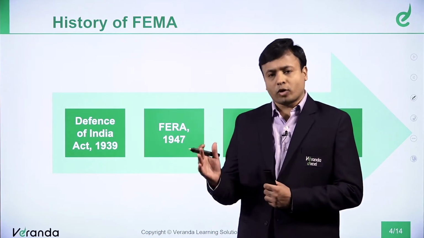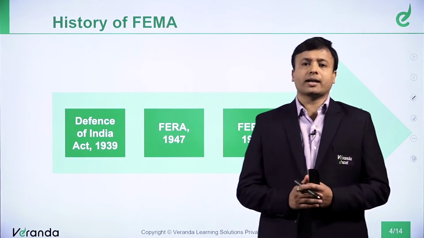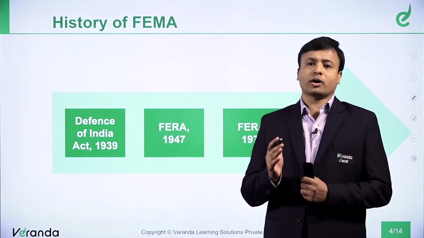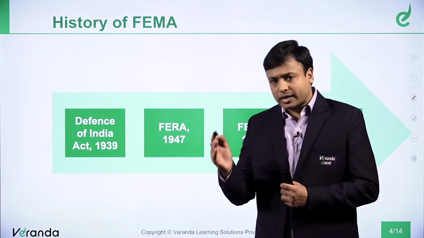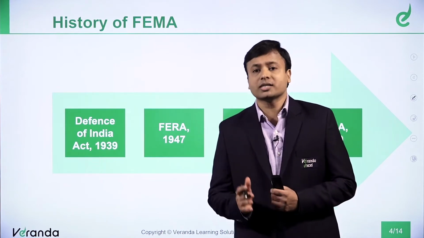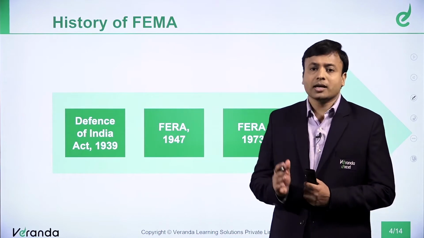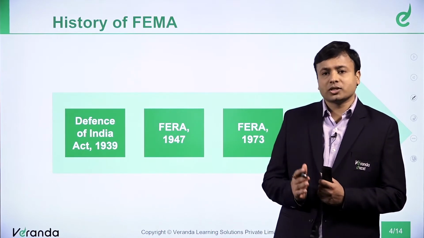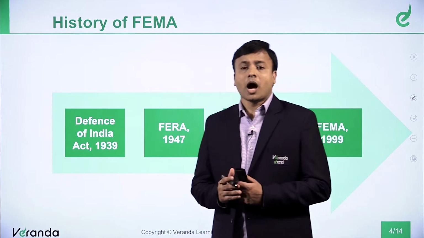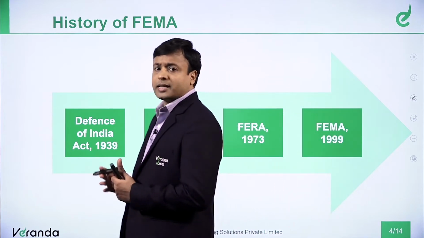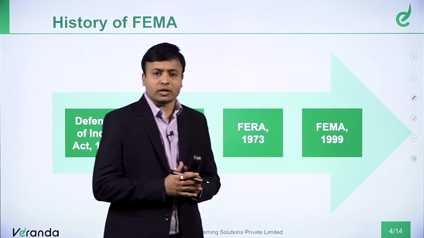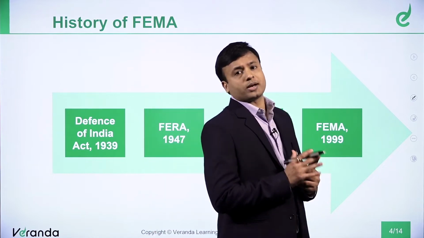In the year 1947, finally we had an act to manage the foreign currency which was named as Foreign Exchange Regulation Act 1947. This was the first act, a standalone act to manage the foreign currency. However, it is interesting to note that this act, which was enacted in 1947, was only a temporary act.